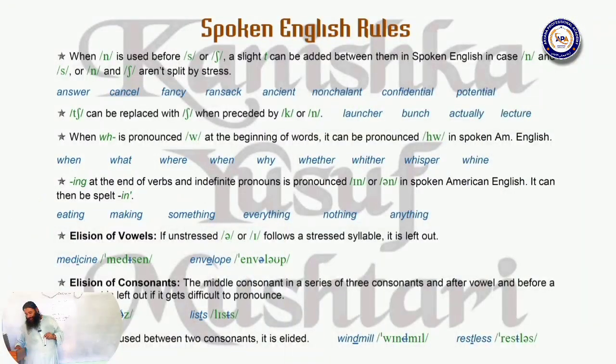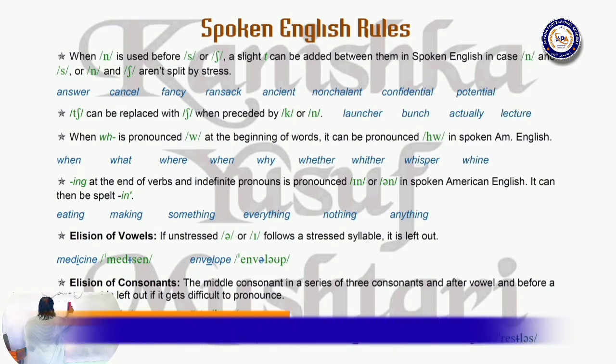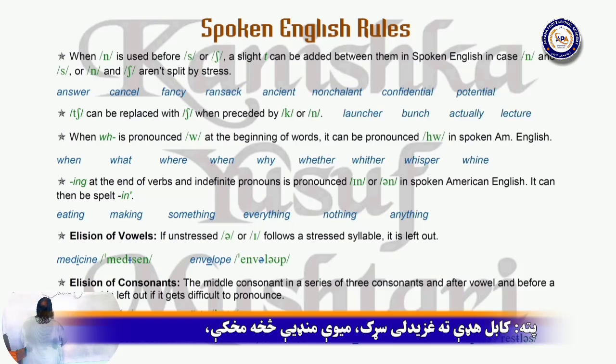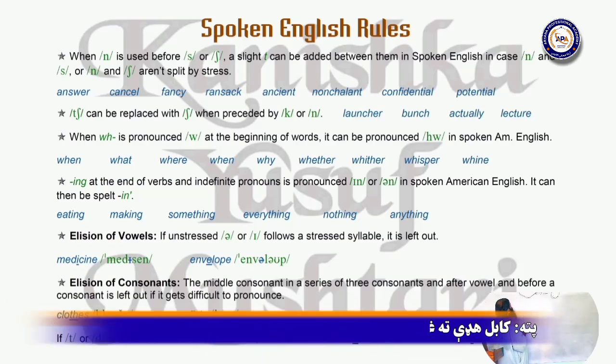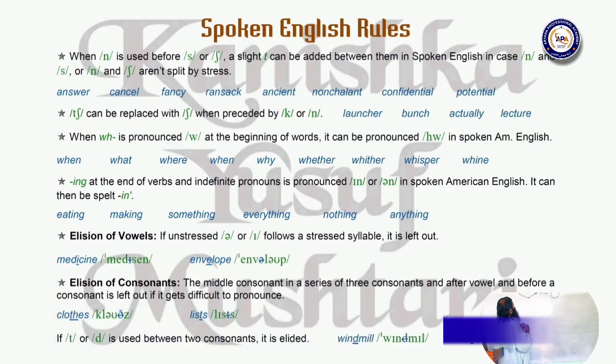Now we have a couple of rules for elision of consonants. Sometimes we can also elide consonants. When? Let's see, we have two cases. Number one: the middle consonant in a series of three consonants, after a vowel and before a consonant, is left out if it gets difficult to pronounce.